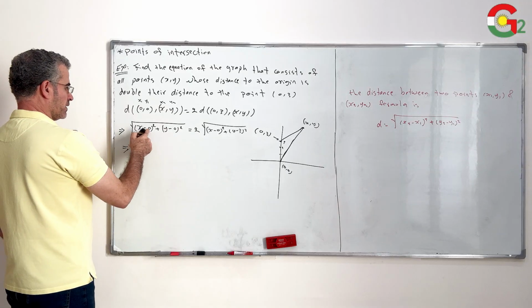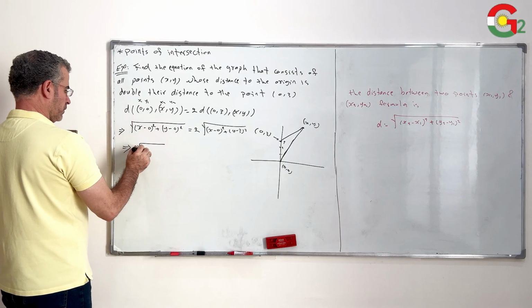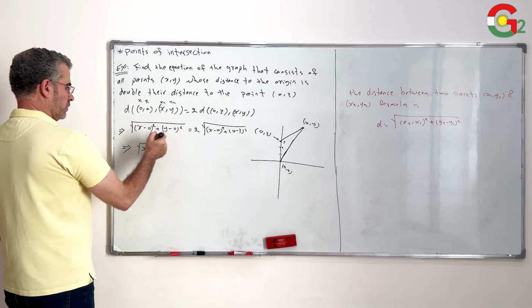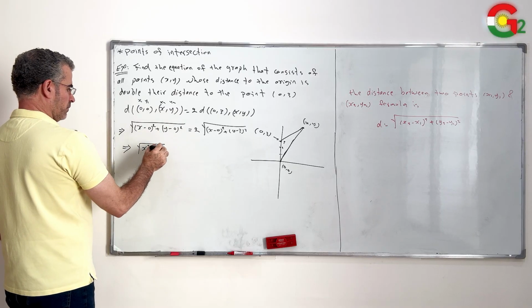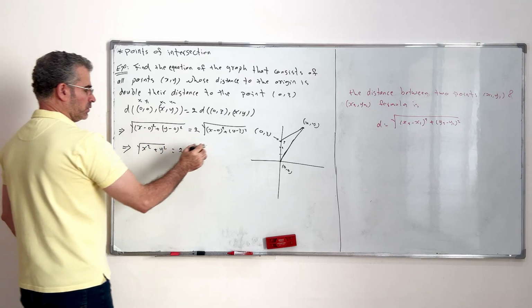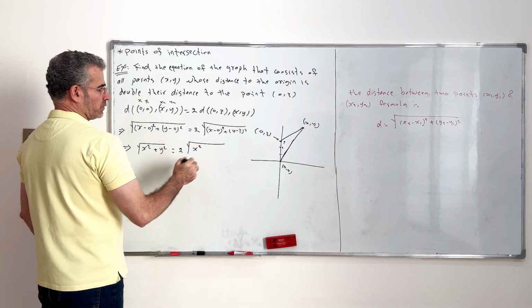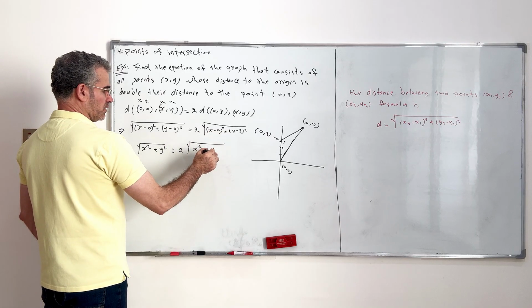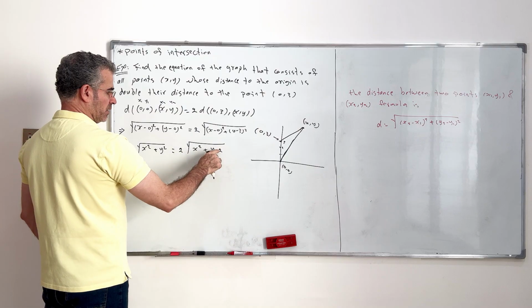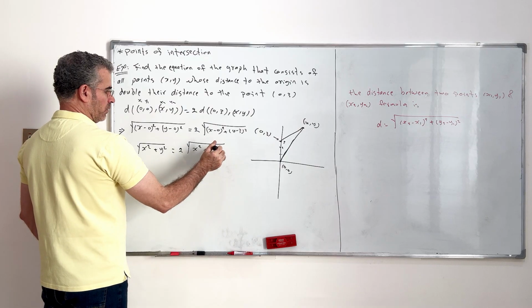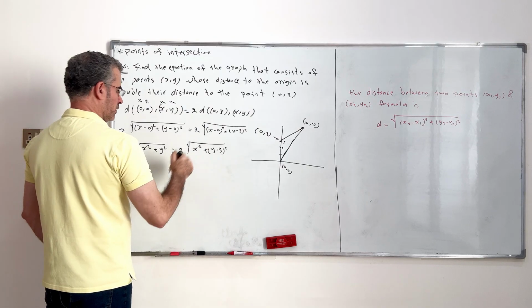Simplify this. X minus 0 to the power 2 is x to the power 2, plus y minus 0 to the power 2 is y to the power 2, equal to 2 times the square root of x to the power 2 plus y minus 3 to the power 2.